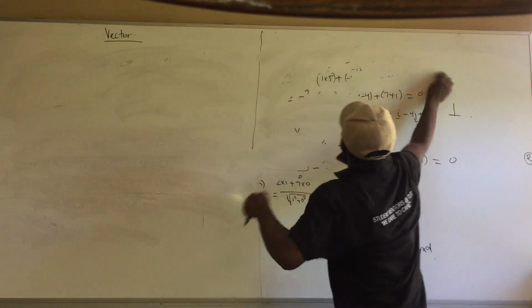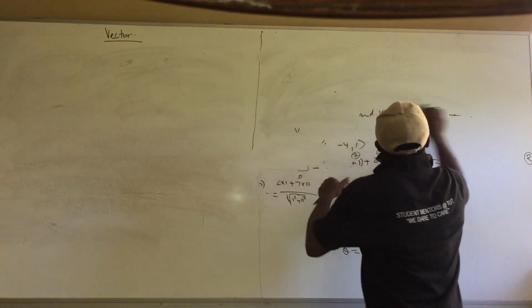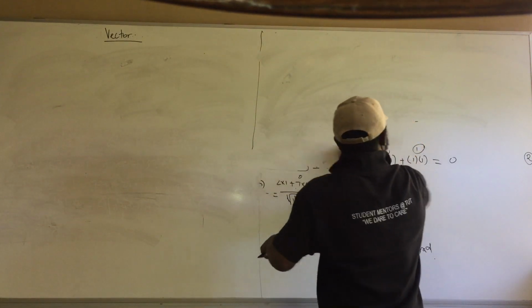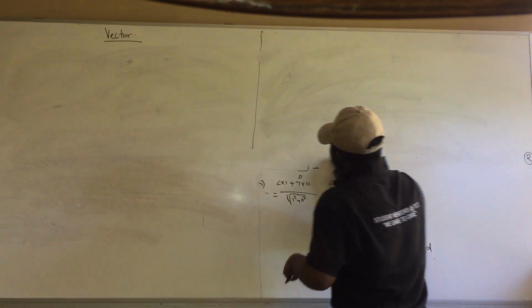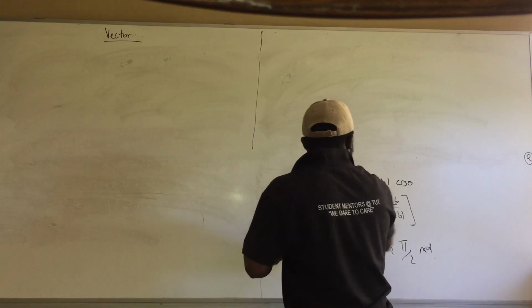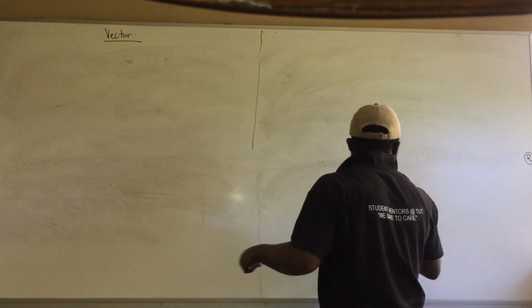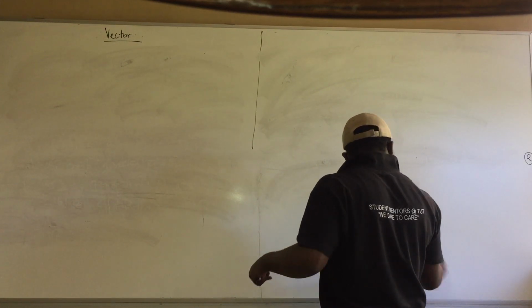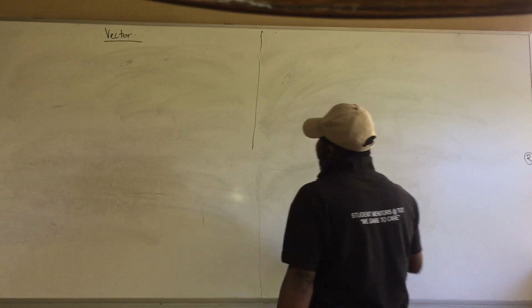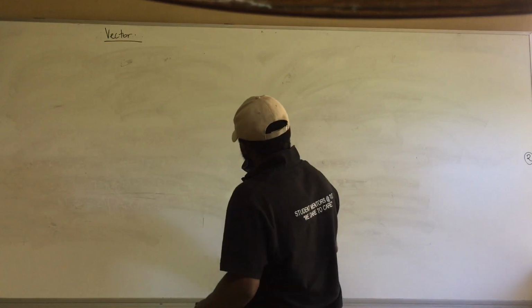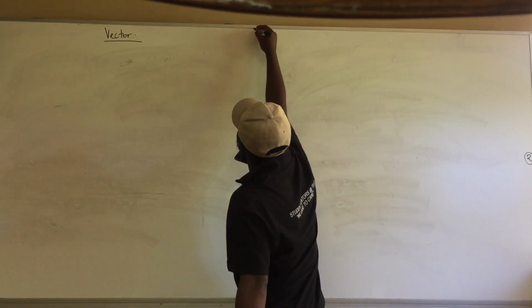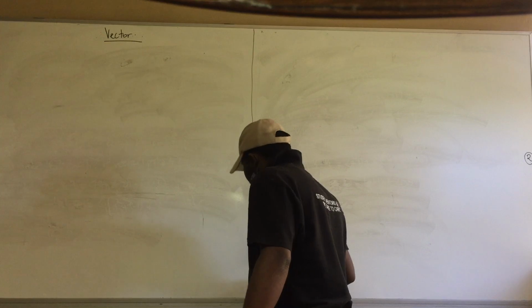That already says something: it means your result will be a vector. A vector product gives a vector, and a scalar product gives a scalar.